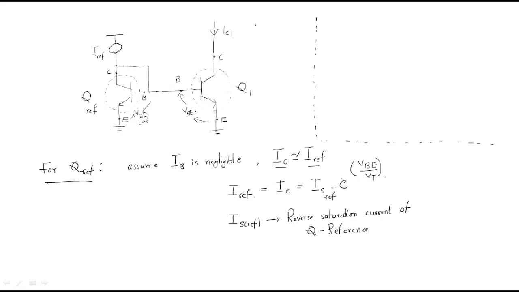By solving this, we get the VBE reference value: VBE reference equals VT times the natural log of I reference by IS reference. So this is the final value.